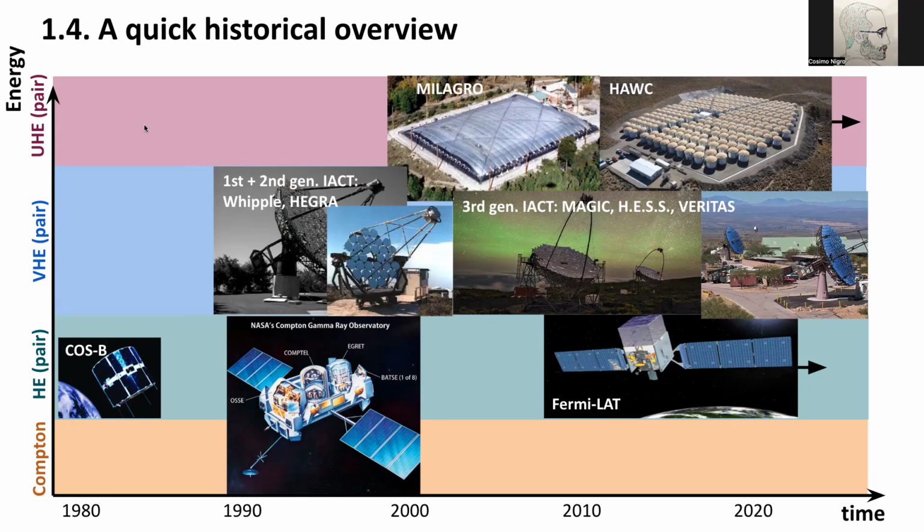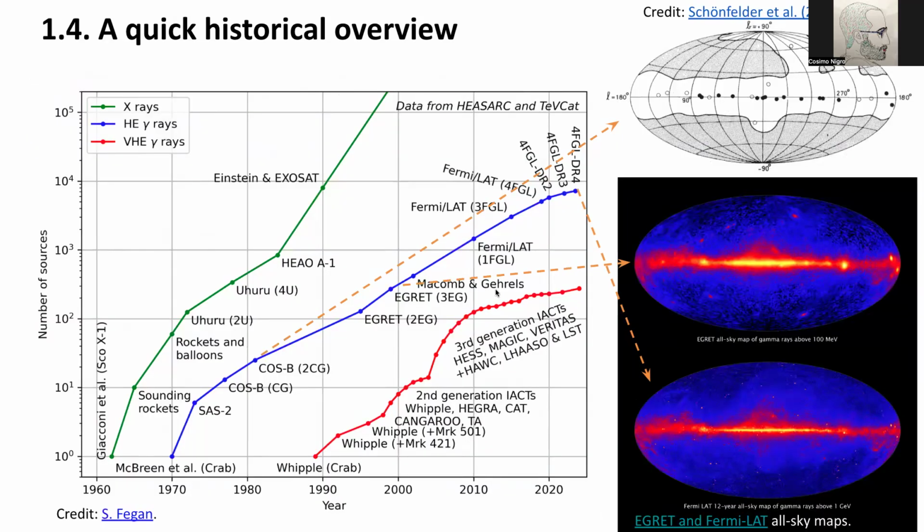Then we had the first construction of particle samplers like Milagro, that is now decommissioned, and HAWC, that is still operating, as well as the third generation of Cherenkov telescopes, which are still operating. And I think a revolutionary instrument in the field was the pair conversion telescope Fermi-LAT, in operation since 2008, that as we shall see in a moment, detected thousands of gamma ray sources.